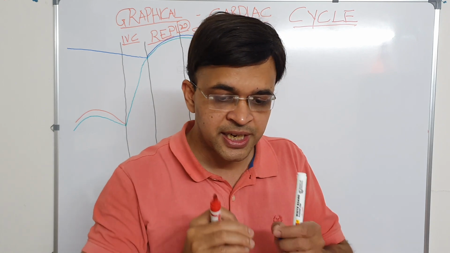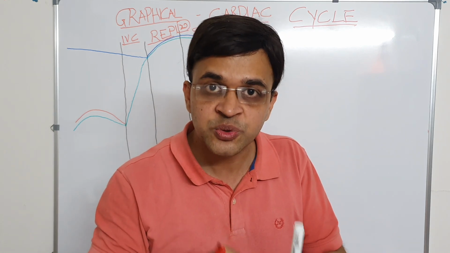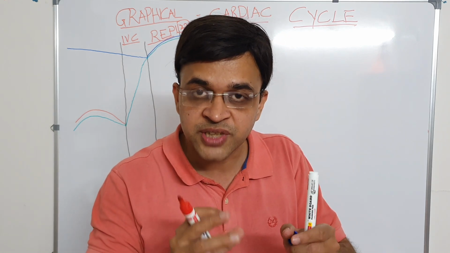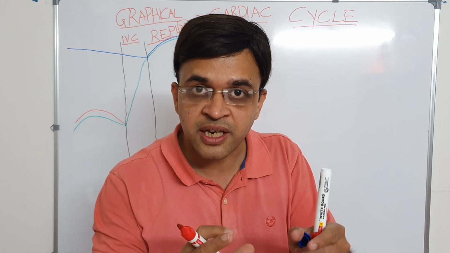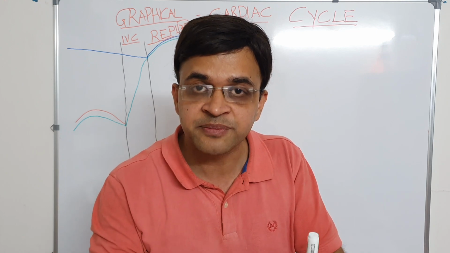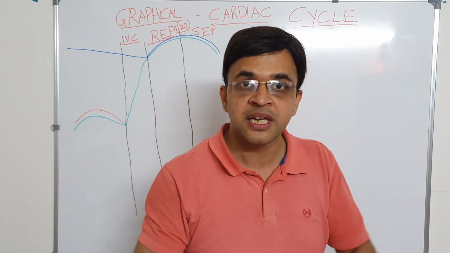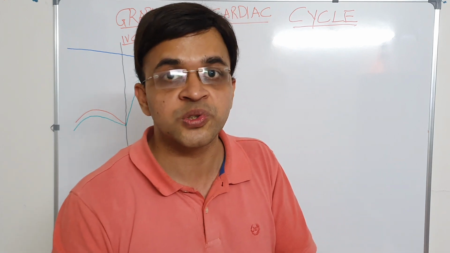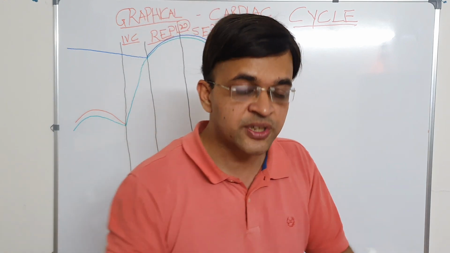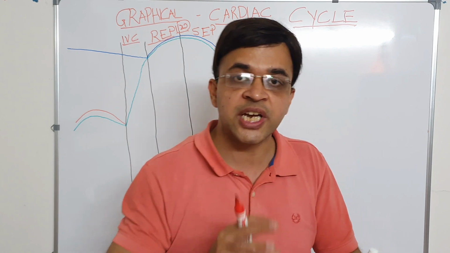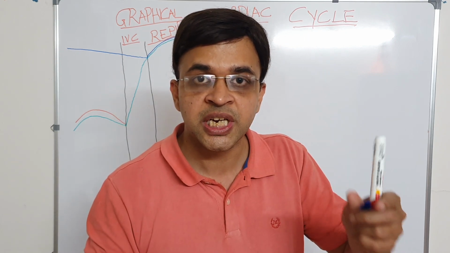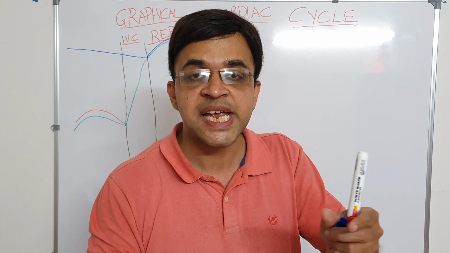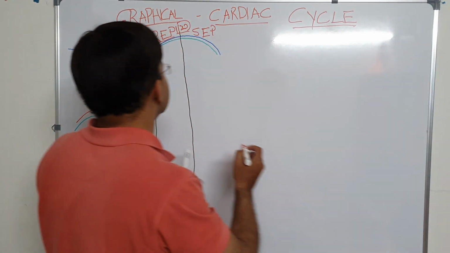120, 110, 90, 80. But as soon as the pressure inside both the ventricle and aorta falls below 80, something interesting is going to happen. What will happen? Our aortic valve will close. And this thing is significant. If the aortic valve closes, the pressure inside the ventricles and the pressure inside the aorta will become independent of each other, right?